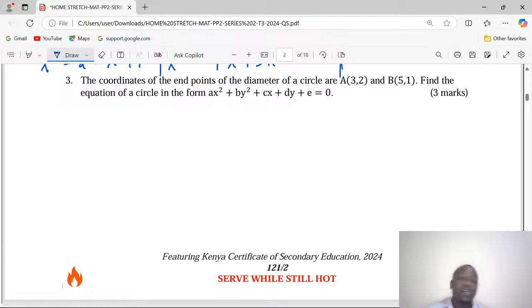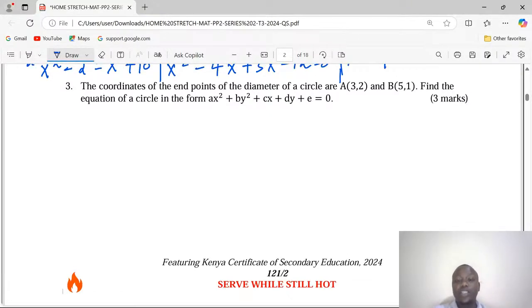So the first thing that we are supposed to do here is to use the ends of the diameter to identify the center. We know that the diameter passes through the center. Therefore, when we take the midpoint of the ends of the diameter, we shall obtain the center of the circle. So the center O will be given by the midpoint.